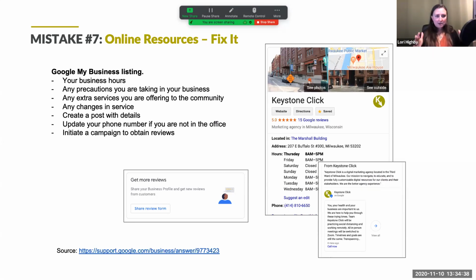So the reason, if you think about this, if someone is searching for your business, the Google result page, that Google My Business listing takes up about 40% of the page real estate. So you want to own as much of that result page versus just having one listing show up somewhere on that page. Maximizing this tool.